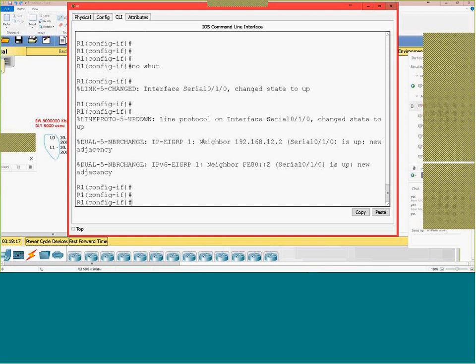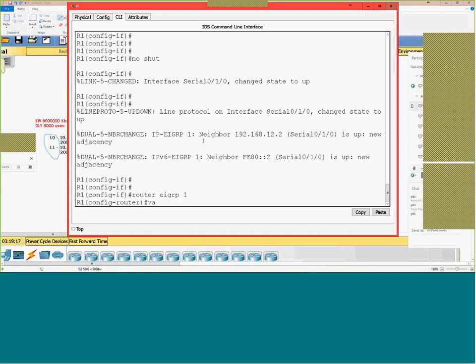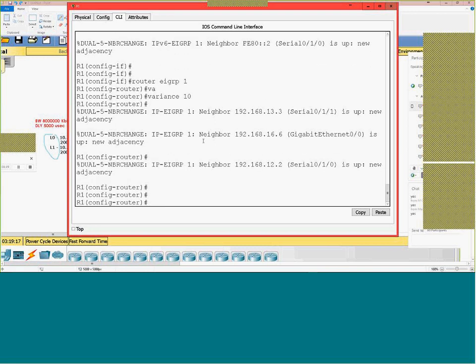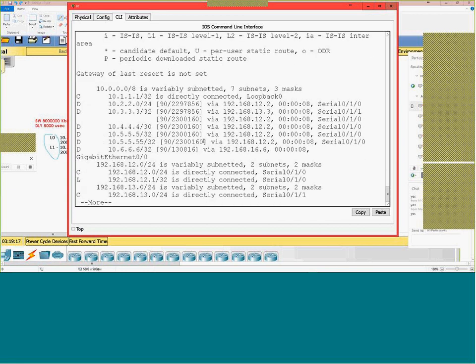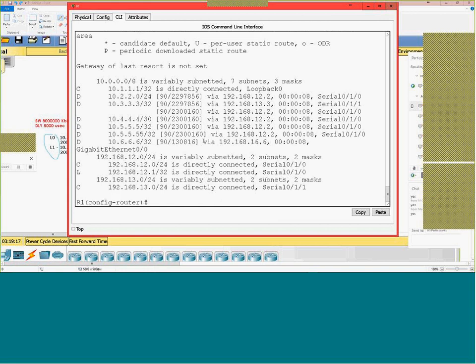What if I went into router EIGRP 1 and I did a variance of 10? Well, okay, that should definitely fall within the spectrum, right? Do show IP route. Still doesn't show up. Does anybody have any idea why?